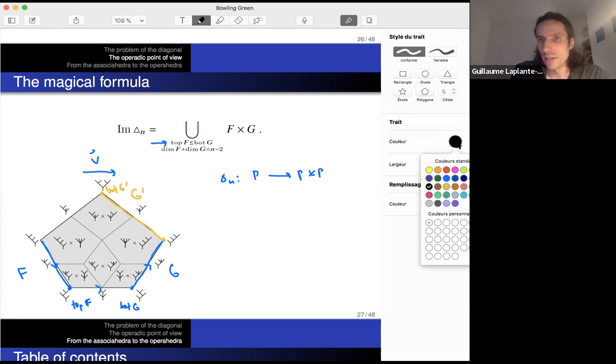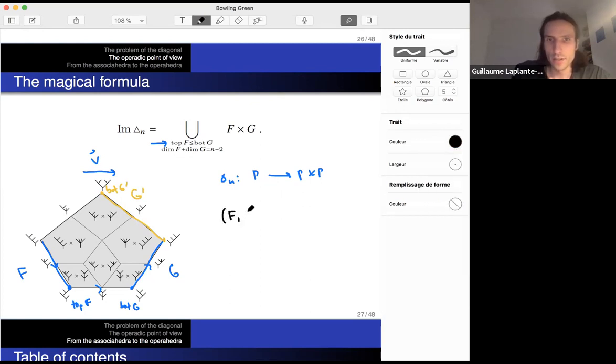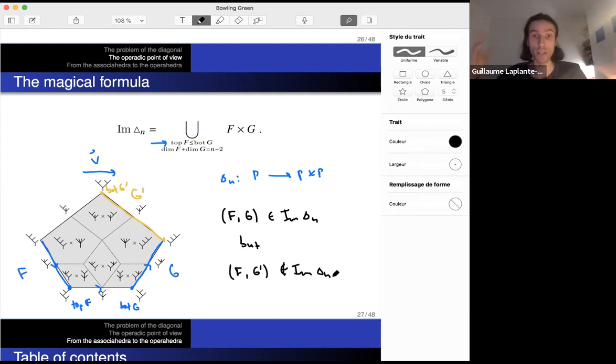So you would have (F, G) in the image of delta n, but (F, G prime) is not in the image of delta n. And what the theorem says is, well, that's all. That's all that you need to know.